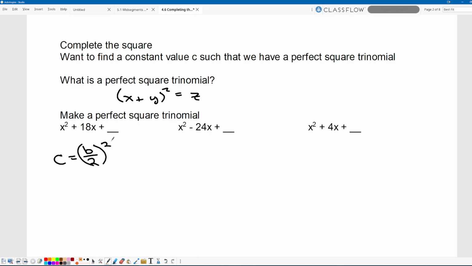So we take the b value, divide by 2, and square that. That's the number that I need for c to guarantee that this is a perfect square trinomial. So for my first example, 18 divided by 2, and then we're going to square that. 18 divided by 2 gives you 9, which when you square gives you 81. So if you had x squared plus 18x plus 81, that is a perfect square trinomial.